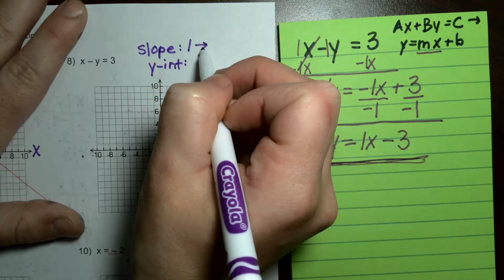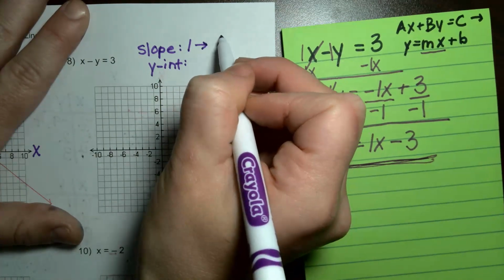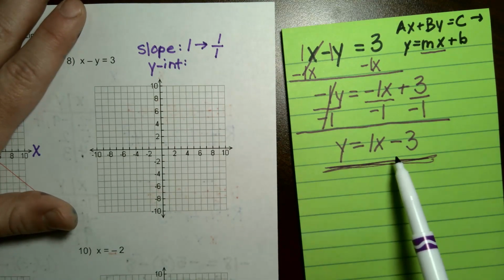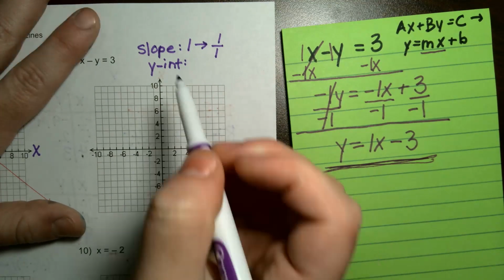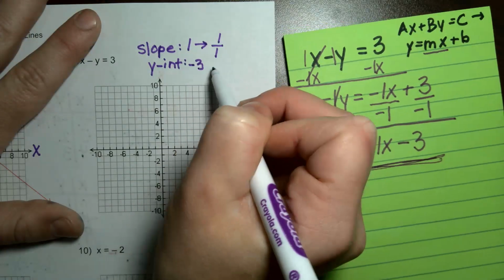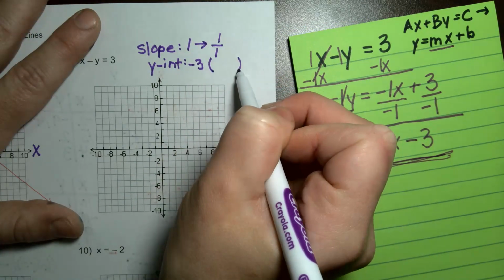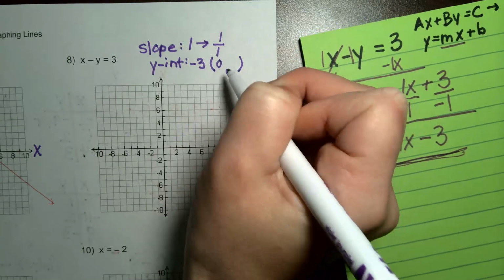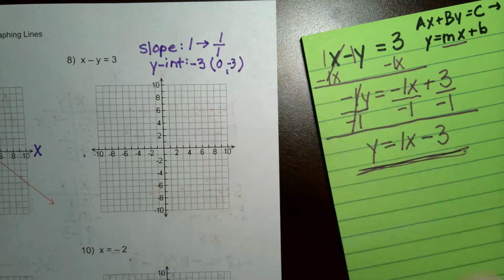Or if you wanted to put it in rise over run form, we could say 1 over 1. And then what is my y-intercept? Negative 3. So as a coordinate, what would my point be? 0, negative 3. 0 in the x spot, negative 3 in the y spot.